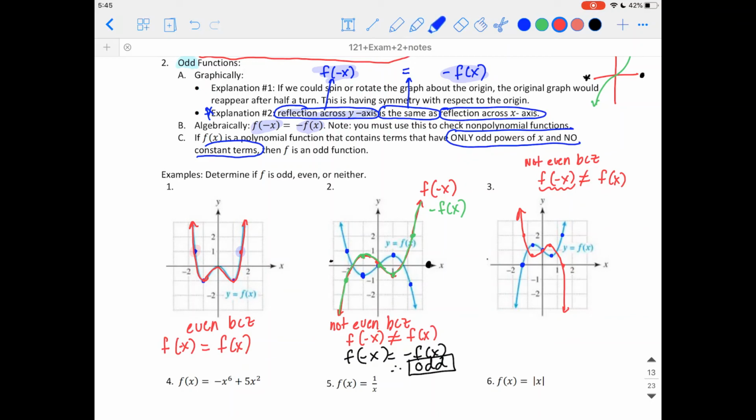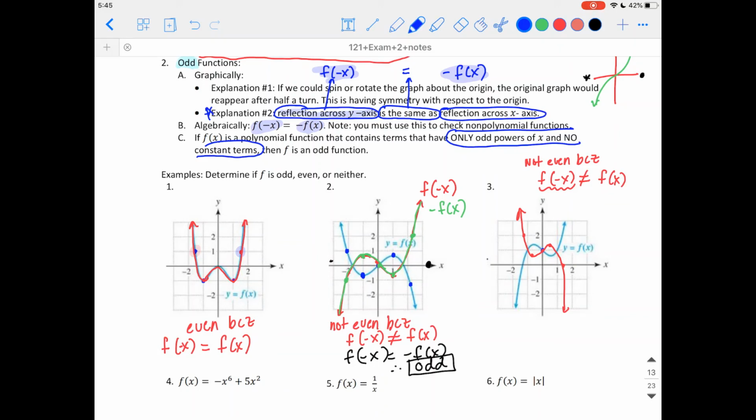reflection across the x-axis. So here I go. Oh, that's not what I wanted to do. Sorry. So my reflection across the x-axis.